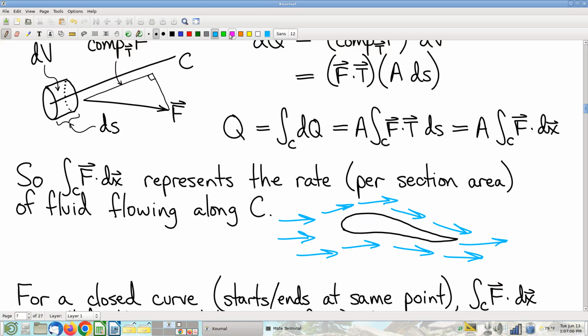But along the top section of the wing, I'll use green, along the top section of the wing, the amount of force, the amount of lift is computed by the line integral along that green curve, as it turns out. And again, that's a physics thing, and this isn't a physics class, and so I don't want to get into the whys on that.